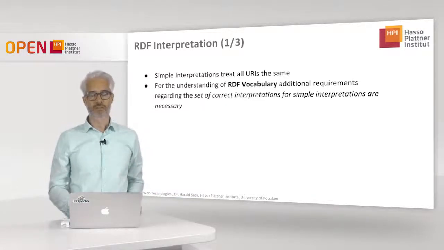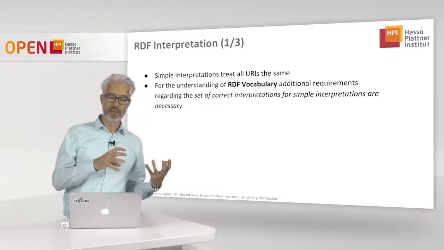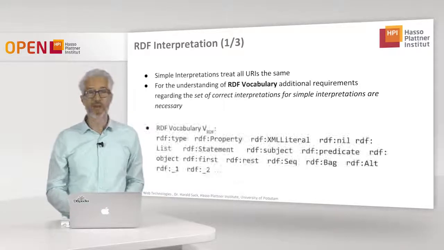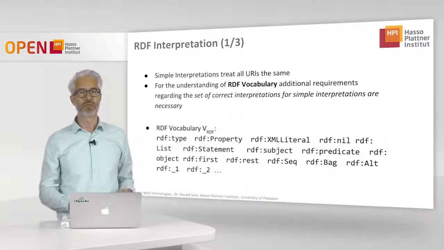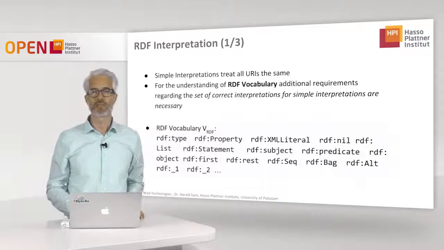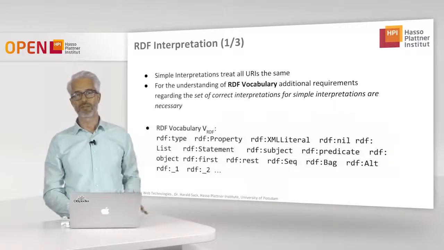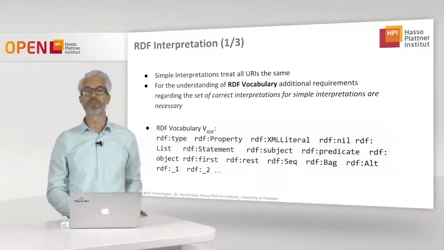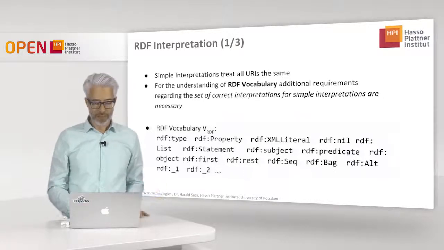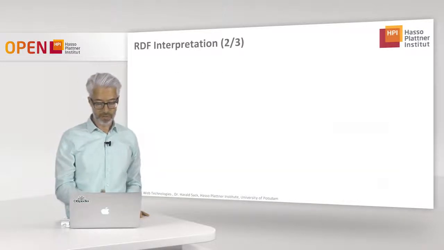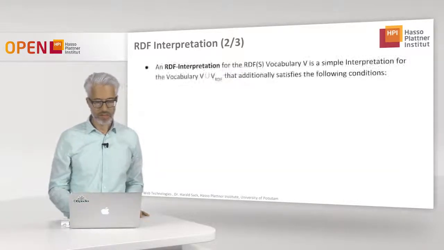So we define an additional interpretation, and first we start with the interpretation of the RDF vocabulary, where we have parts like rdf:type, rdf:Property, rdf:Statement for reification, and also parts of lists. So we have to define additional mapping functions for them. Let's have a look at what we have to do.